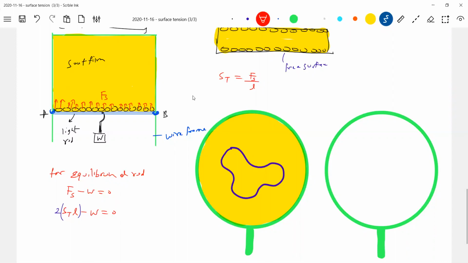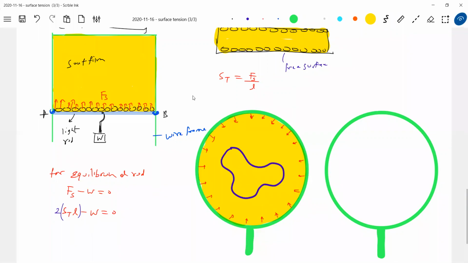So what I see is that there's a force due to surface tension. The molecules present here will exert a force. Will you agree? And what about the layer?